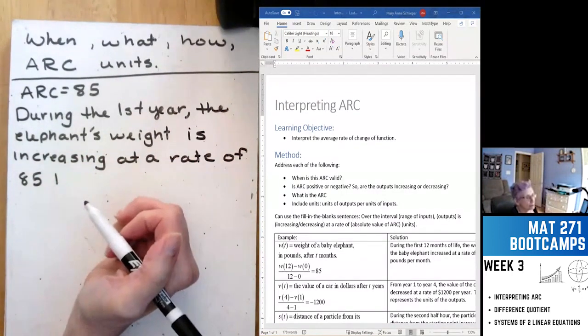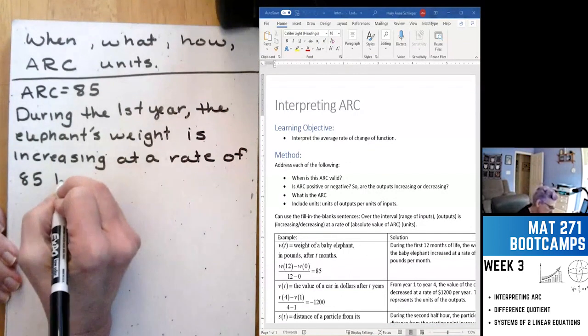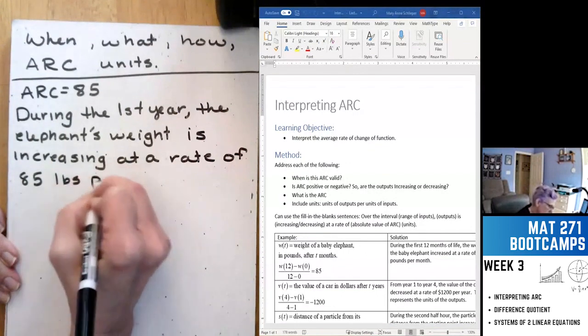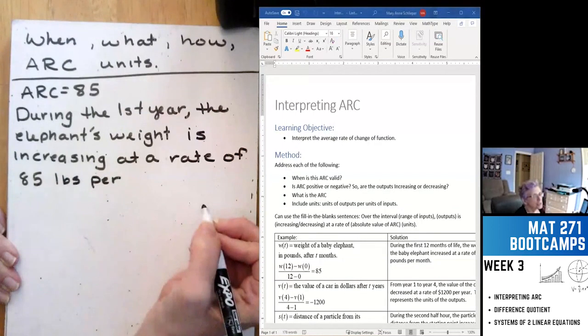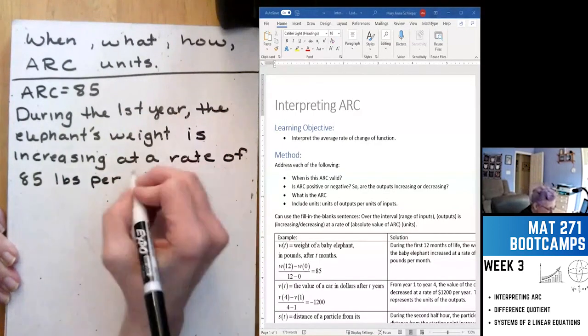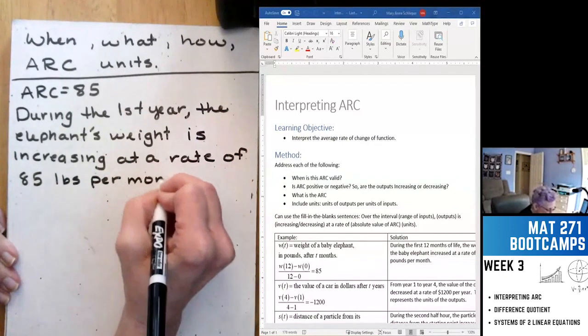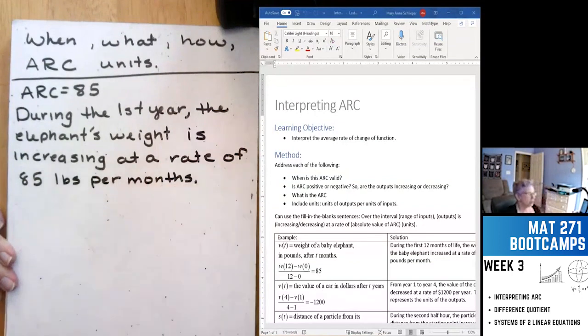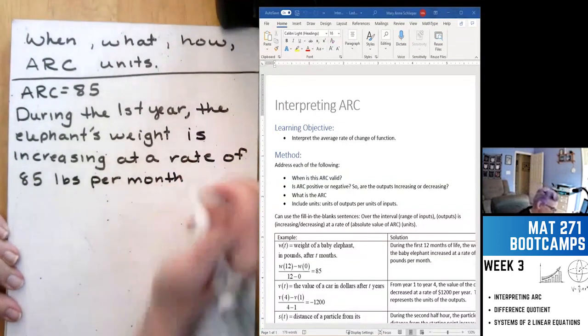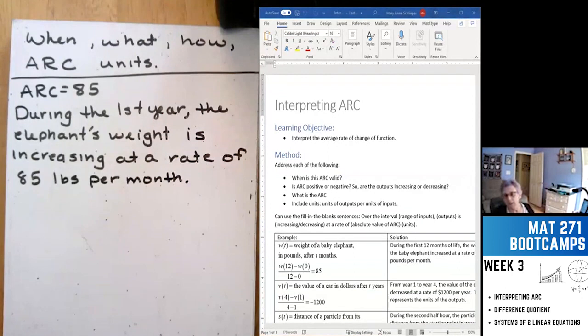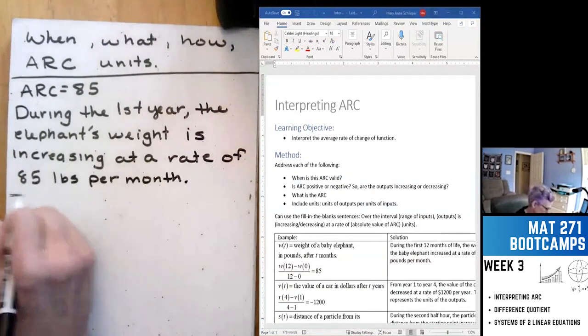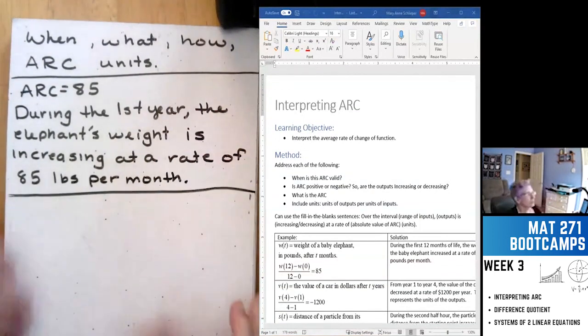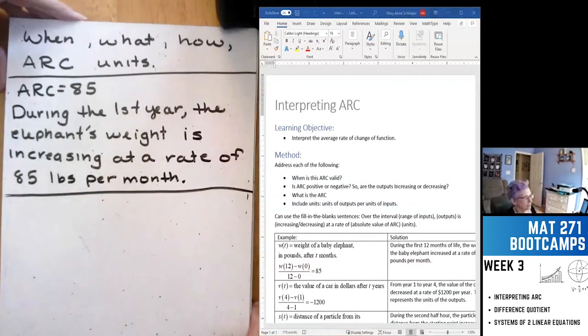Units of the output, so weight is in pounds, per units of the input. Input is time. So per month, not months. Easy enough? Okay, let's do the next one.